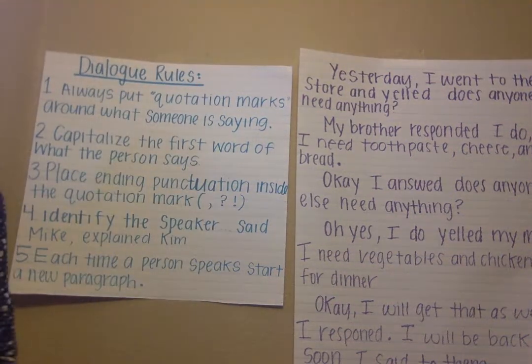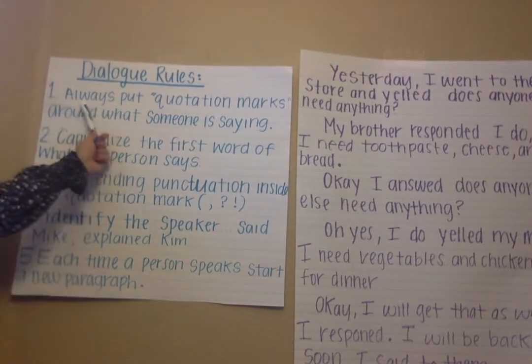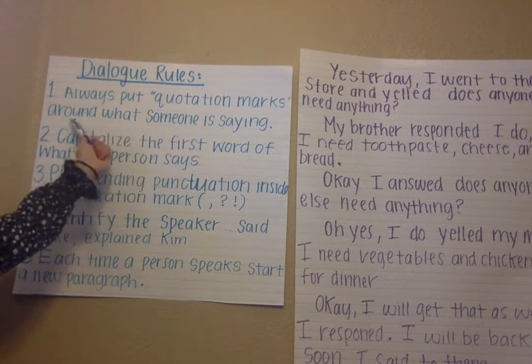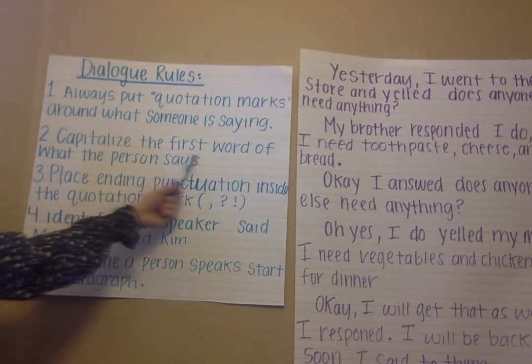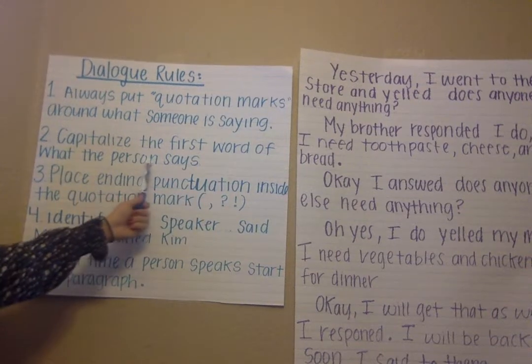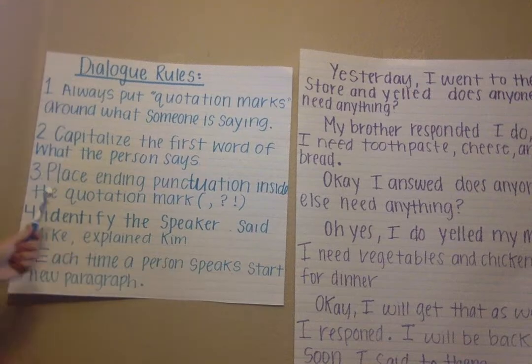Okay, let's get started. So again, let's review the 5 rules that we have for dialogue. The first one is to always put quotation marks around what someone is saying. Second one is to capitalize the first word of what the person is saying and the first letter in each of your sentences.